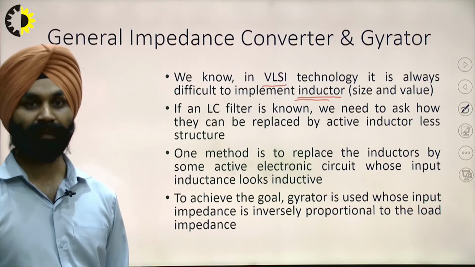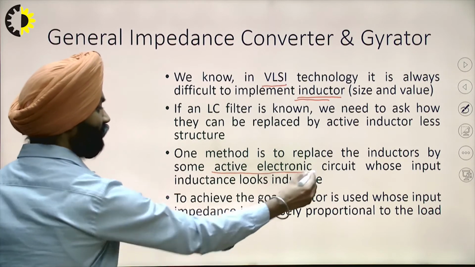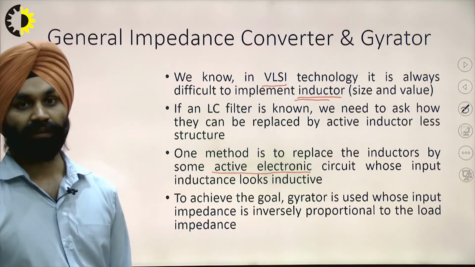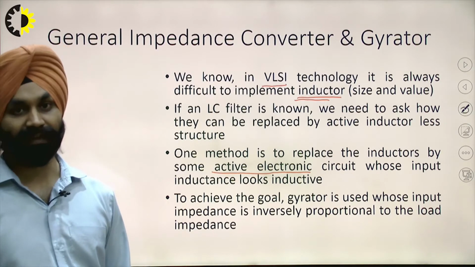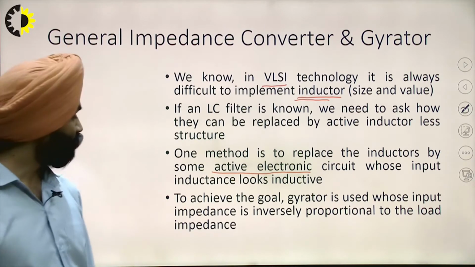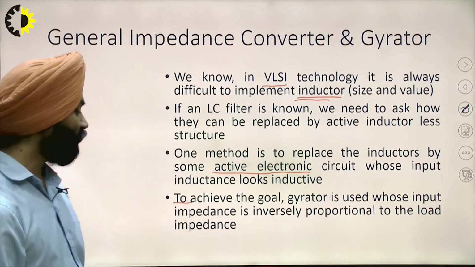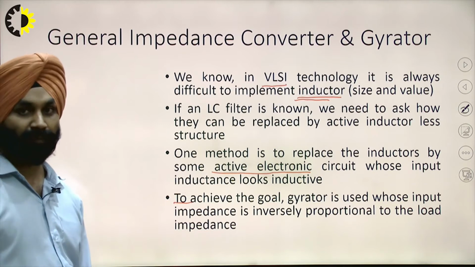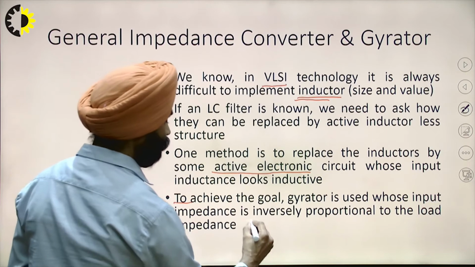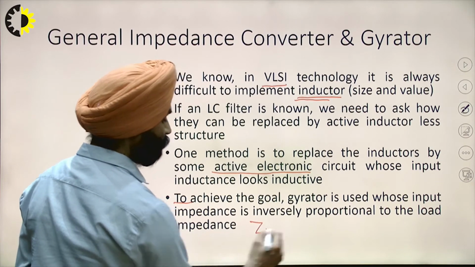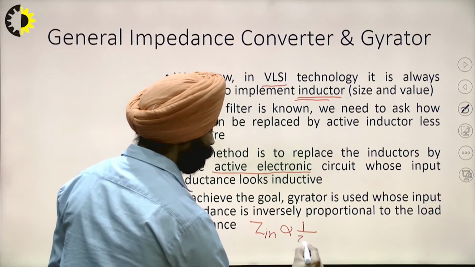That is possible by active electronic circuits, which we have discussed throughout analog signal processing, that use op-amps and active devices. To achieve this goal, a gyrator is used whose input impedance is inversely proportional to the load impedance. That means if we have Zin as input impedance, it is proportional to 1 by Z load.